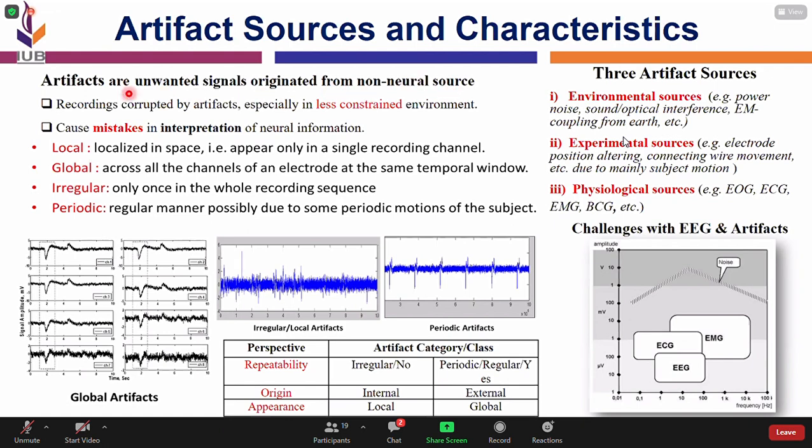So it is important that you reliably detect and remove these artifacts before the processing or classification of EEG signals for BCI applications and for any other application. The challenge with EEG signal is that it has very low amplitude, whereas the artifact has very high amplitude, so often you have a negative SNR of your signal.